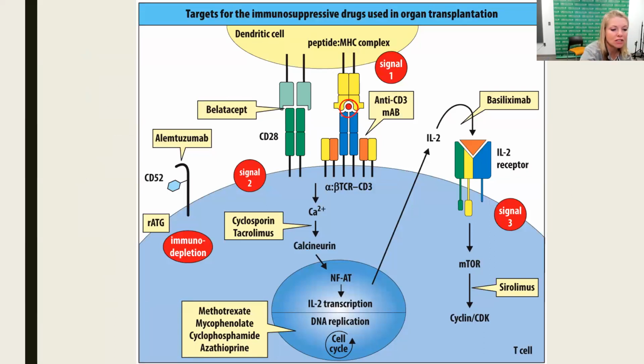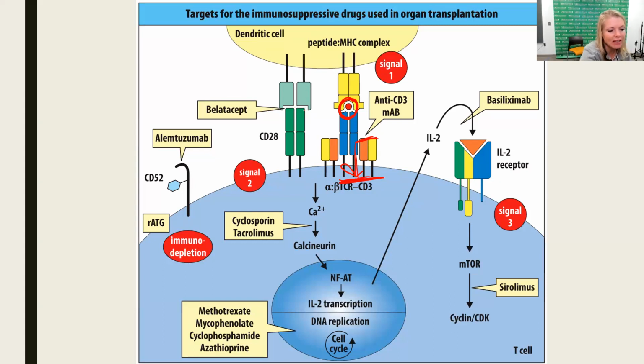First of all, this is our number one signal that can get T cells going, so we could block that. Any type of monoclonal antibody that blocks CD3 so that there's no signal, so it just stops that signal. Second one is our binding of CD28 to B7.